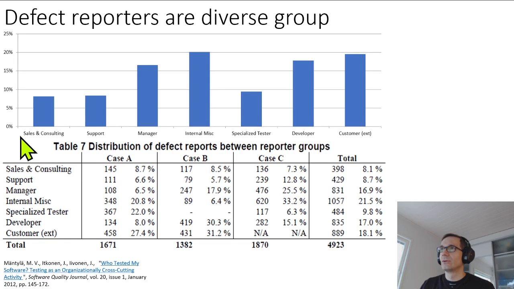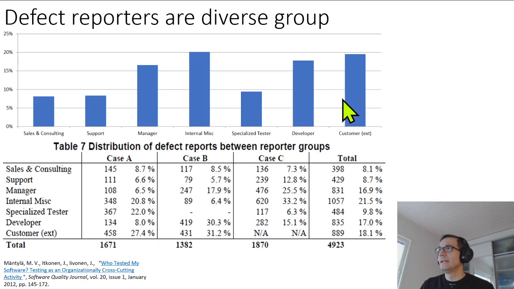For example, sales and consulting had 7%, support people had 7%, managers had roughly 15%. Typically, this would not be high-up managers, but project managers for software development projects. Then there was a group called internal MISC that couldn't really be categorized into any of the previously mentioned groups. And then there were developers who reported roughly 17% of the defects. And finally, defect reports originating from customers represented 20% of the defects.